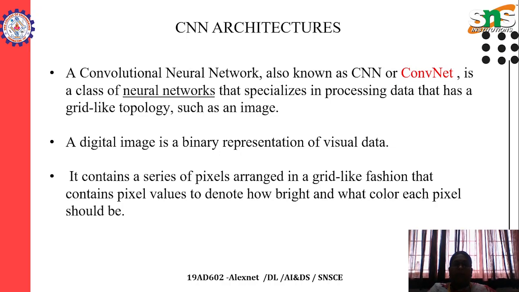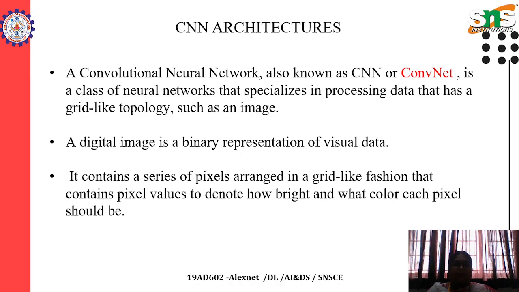It is a class of neural network. It is mainly used in processing data. It has a grid-like topology, such as an image. A digital image, if we take any digital image, is a kind of binary representation of visual data.